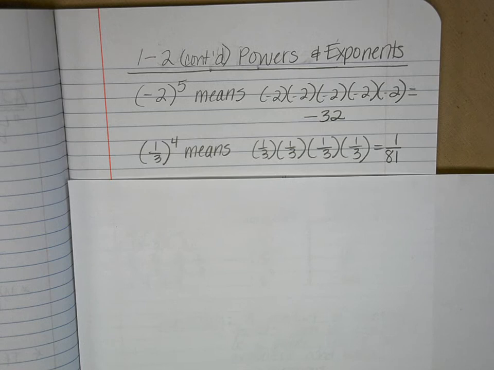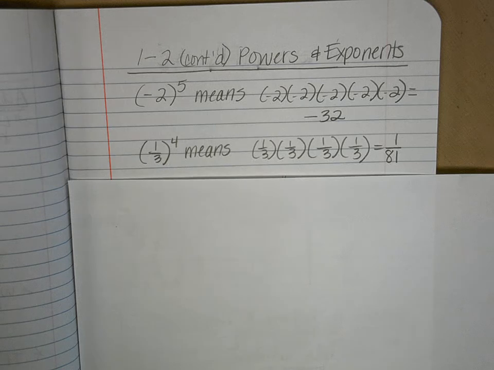And that should equal 1/81. So the 1 is going to stay 1 because 1 times 1 times 1 times 1 is 1. The 3 we have to multiply out. 3 times 3 times 3 times 3.